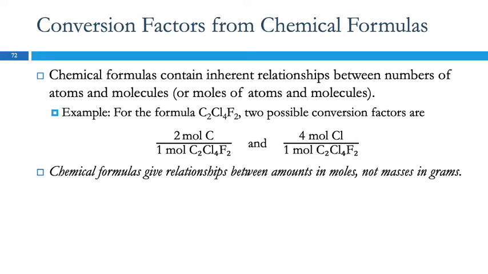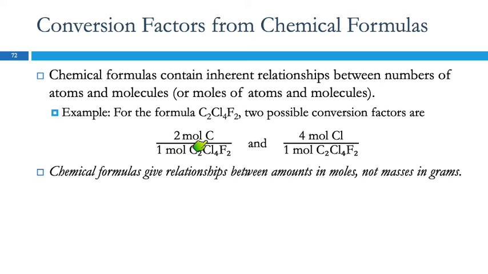We can also get conversion factors from chemical formulas because the formulas give us the relationship between numbers of particles. How many atoms of this thing are there for how many atoms of the other thing, or molecules. So this Freon, again, we could get several different conversion factors out of this.